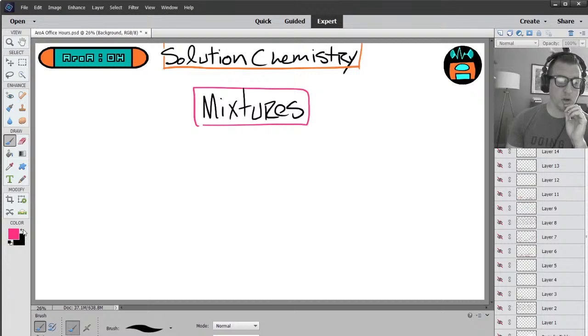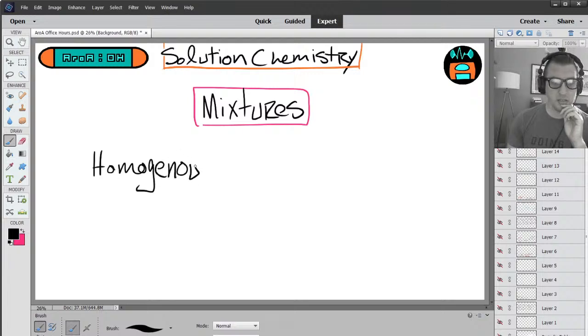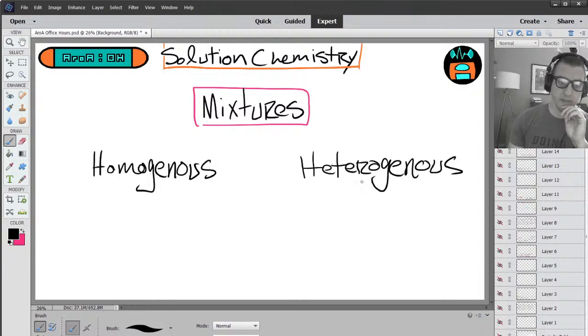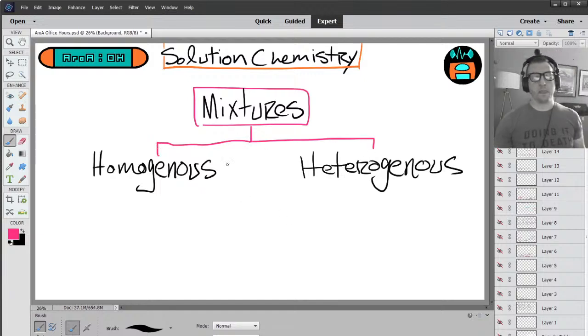And those categories are homogeneous and heterogeneous mixtures. All right.